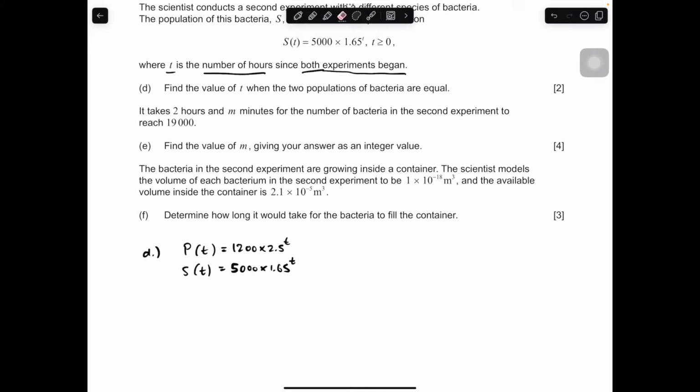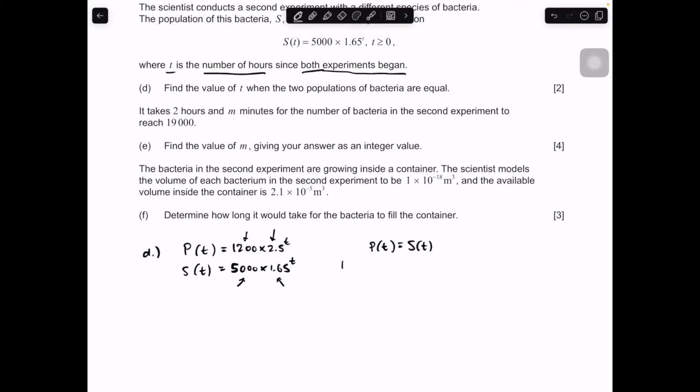We see one of them, this one right here, has a higher starting value, but a slower growth rate. So eventually this one with a lower starting point but higher growth rate is going to pass it by. The question that we're asking is, when does P of t equal S of t? When does one population equal the other?